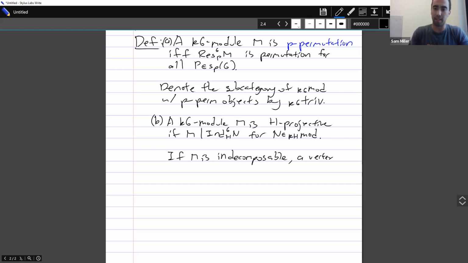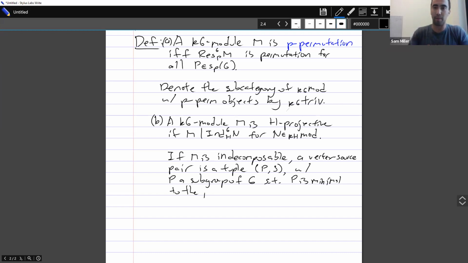a vertex-source pair, I forgot to note these, is a tuple, say (P, S), with P a subgroup of G such that P is minimal with respect to the property of H-projectivity for M. Sorry, that's a little unclear.